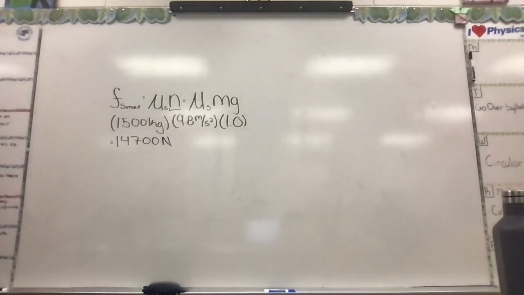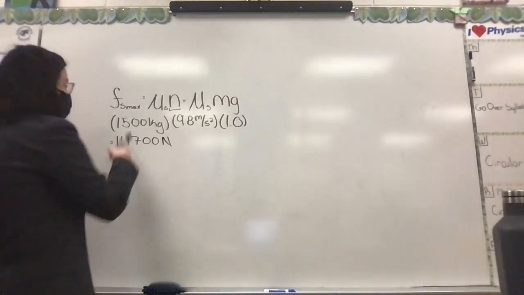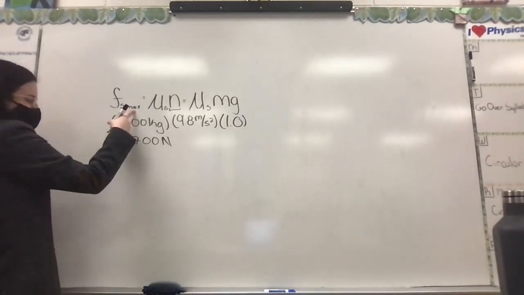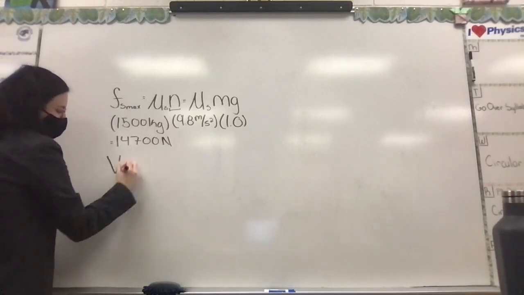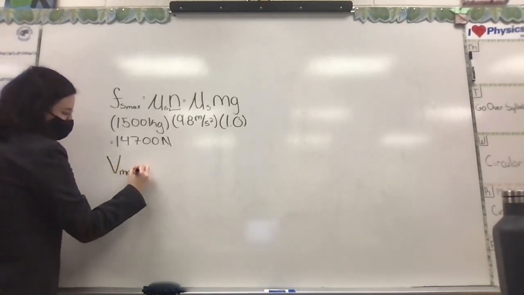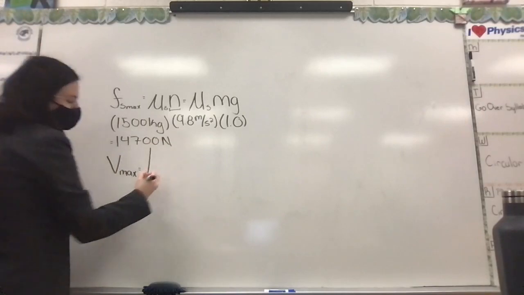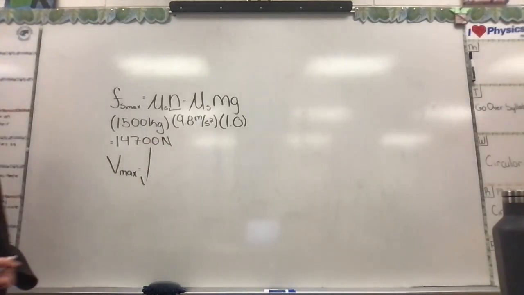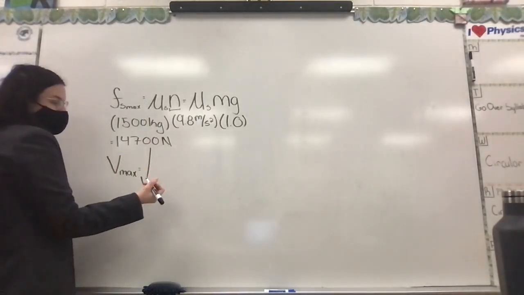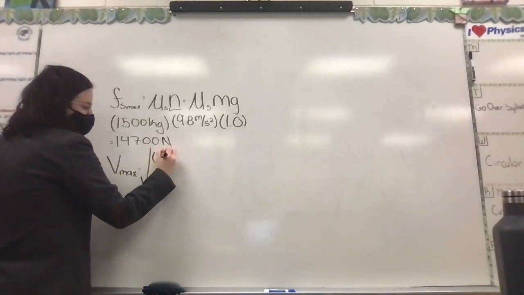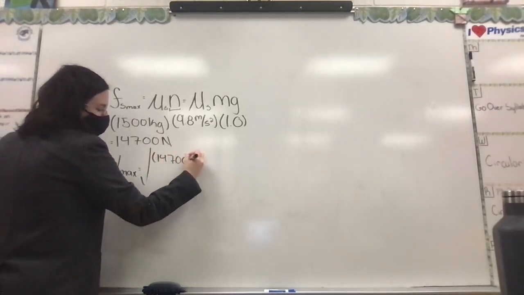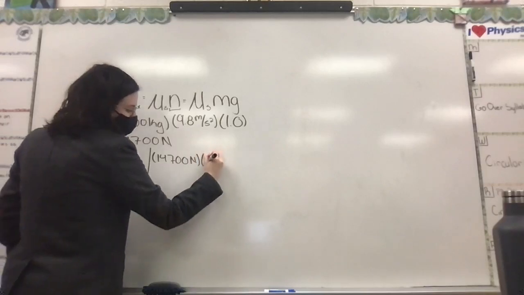You implement that into the equation for V that we did earlier. Okay, yeah. So since we have Fs max now, that means that the equation now will give us the maximum velocity. So we're going to do the square root of what? What do we plug in? Fs times R divided by... Okay, so we have Fs. What's R? 15 meters.